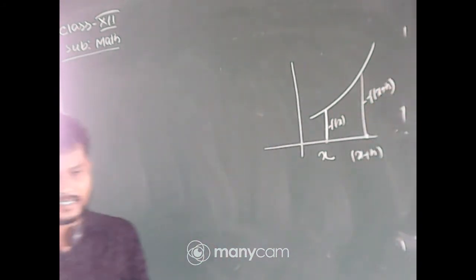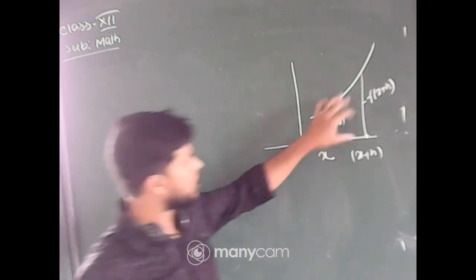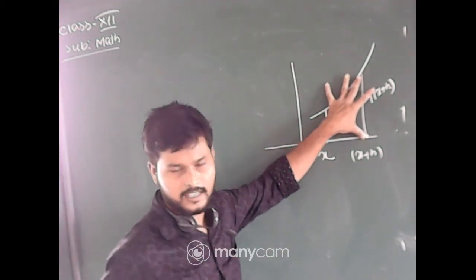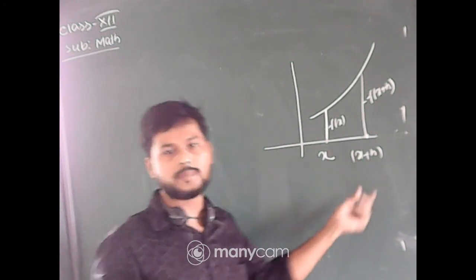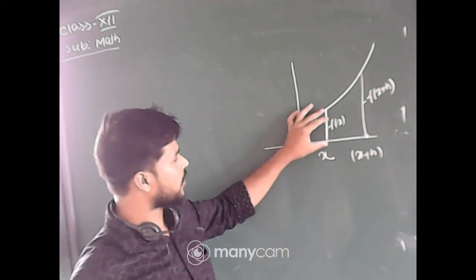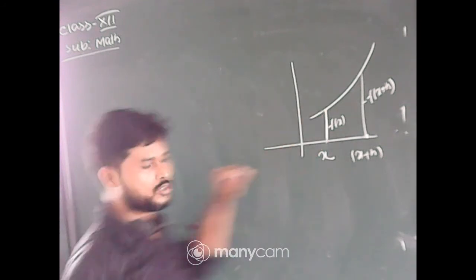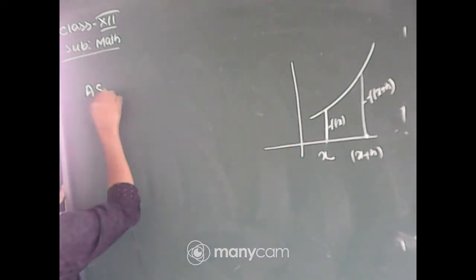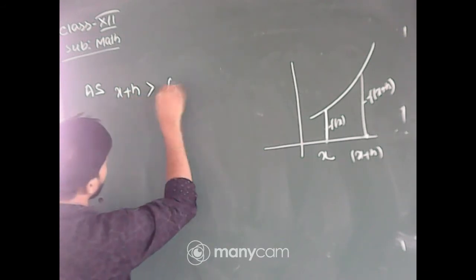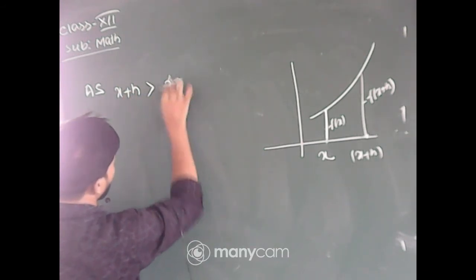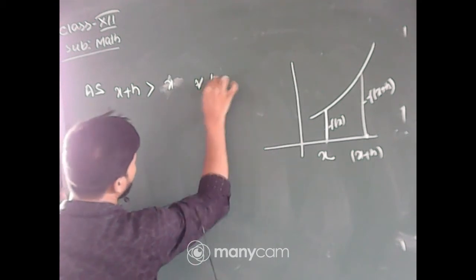Now as the function is an increasing function, the value of f of x plus h, means the value of the function at x equal to x plus h, will be greater than the value of the function at x equal to x. So we can write x plus h is greater than x for all h greater than 0.